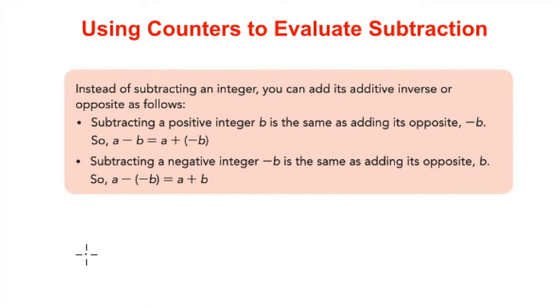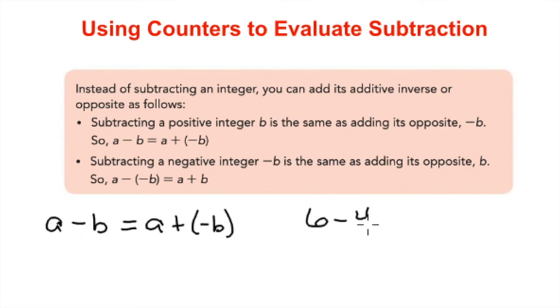So if we had a minus b, where we're subtracting a positive b, that is the same as a plus a negative b, which is what we showed with our problems. We had 6 minus 4, and 6 minus 4 was the same as 6 plus a negative 4. Both of those gave us the same result of 2.